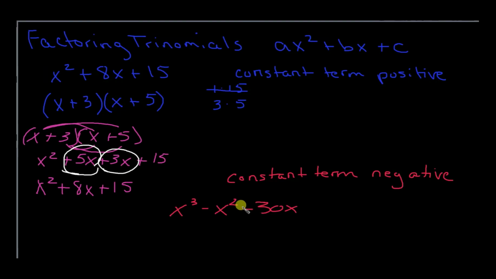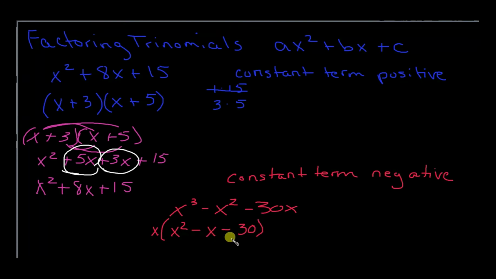Like we learned in the first video, each term in this trinomial contains an x, so to make it simpler, you can take an x out. x to the third with one x out gives us x squared. x squared with one x out leaves just x. And taking the x from the 30x leaves just 30.